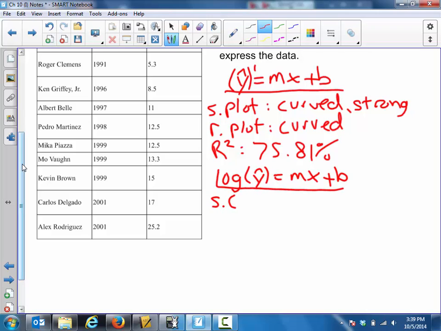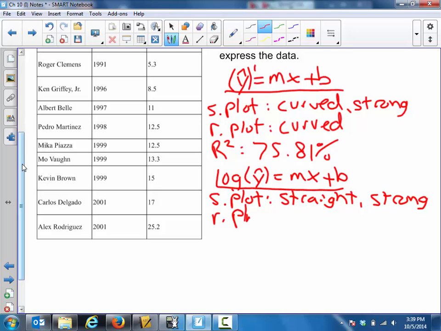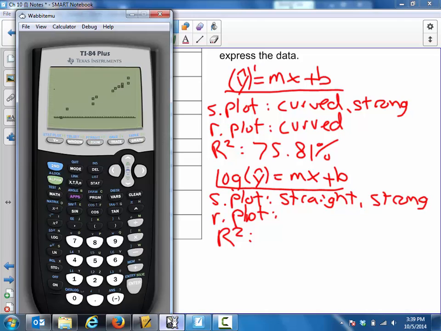For the scatter plot, we're seeing a straight association. And it does look to be, if I remember correctly, strong. All right, so let's check out the residuals plot and R-squared as well and see what we get from these.